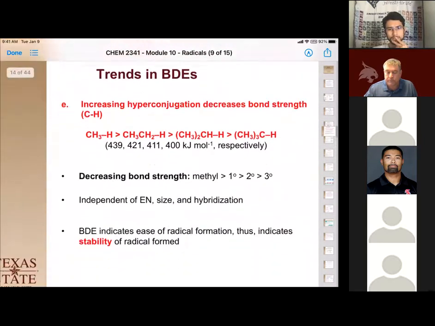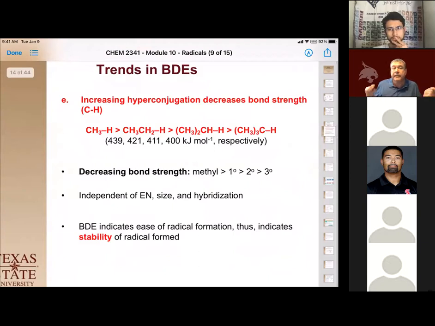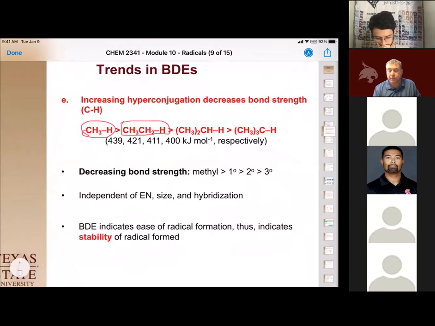Okay. The next thing is increasing hyperconjugation decreases bond strength. Remember what hyperconjugation is. Hyperconjugation is that overlap with the adjacent sp3 hybridized bonds. Okay, so we have here that our methyl hydrogen bond is stronger than our ethyl hydrogen bond, which is stronger than our isopropyl hydrogen bond, which is stronger than our t-butyl bond.